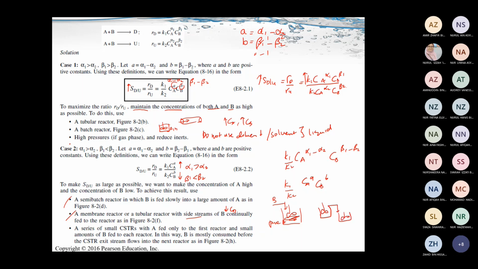Alright, whereby A sahaja is being fed into this reactor. Alright, tapi on the same time B pun kita fed tapi dalam small quantity. Okay, so bila dah habis reaction ni convert, B dah tak terkeluar dah. Okay, sebab dia dah mostly consume dah. Okay, so yang keluar akan jadi A lah, yang tinggi A. Alright, so this is how we maintain.